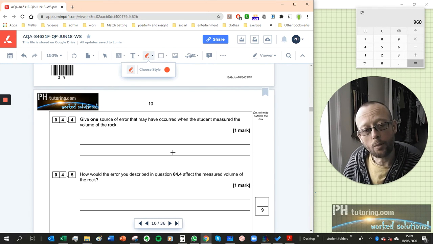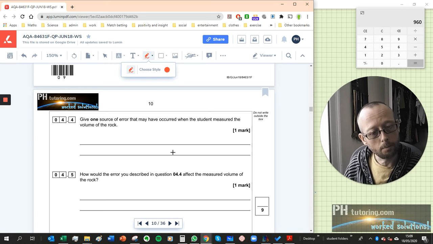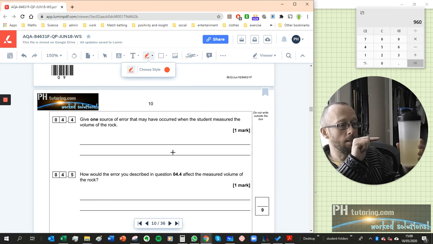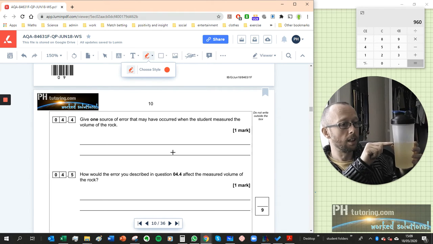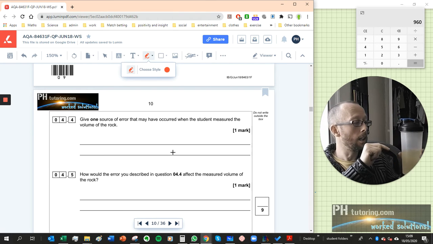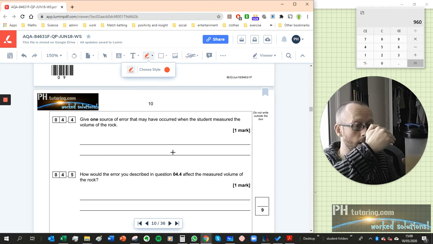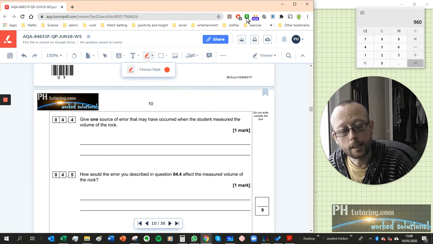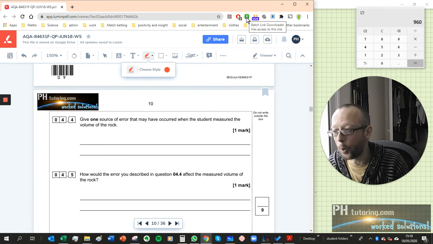Well, I've got my squash here actually to demonstrate. If I'm measuring the volume, how much liquid is inside this bottle, if I look at it at the wrong angle, I'm going to read it incorrectly. So that could be one way of doing it.